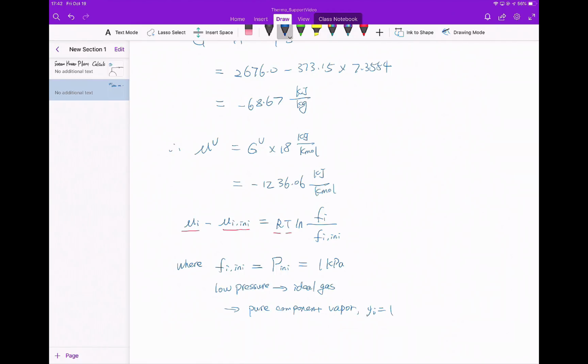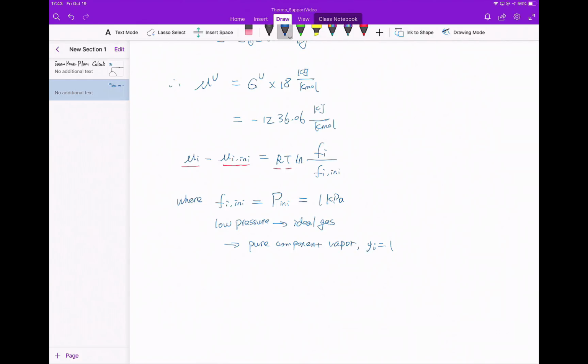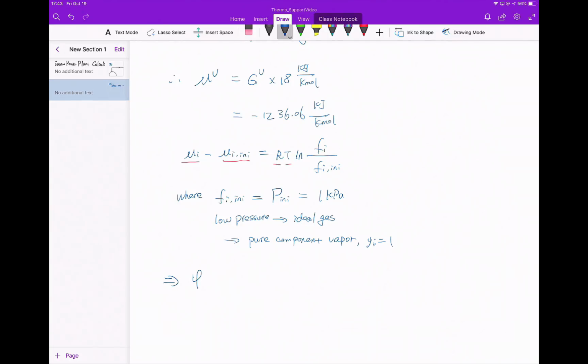Right, so now you put all those values into this equation, then we figure out the fugacity of water at 100 degrees C. Yes.